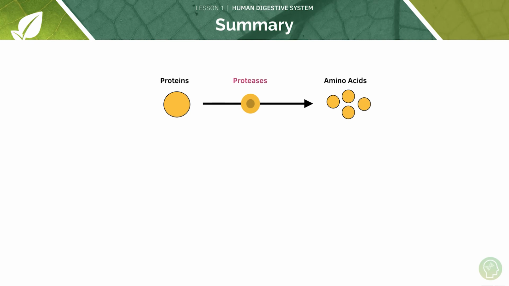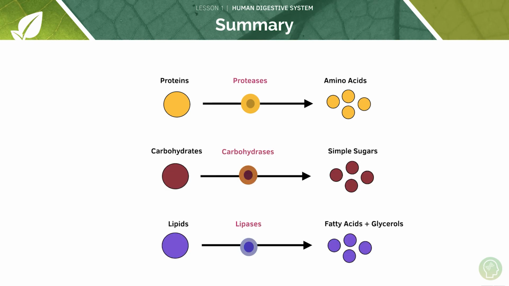So just to summarise, we have our proteins being broken down by proteases into amino acids, and this occurs primarily in the stomach, where the optimum pH for pepsin action is pH 2, and therefore that's a really good environment for protein digestion to take place.